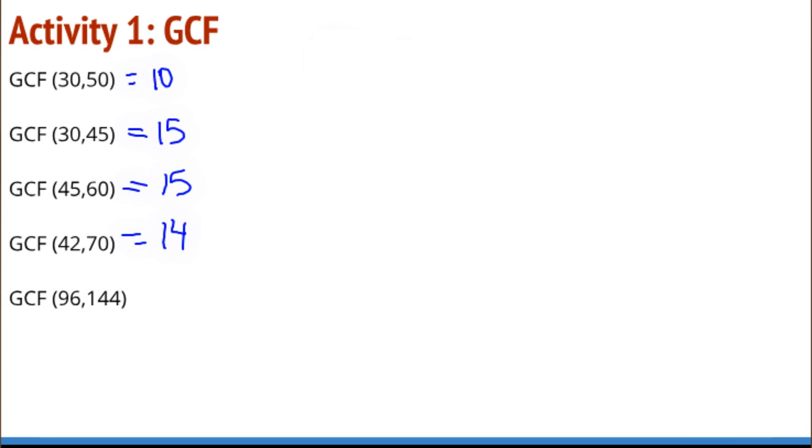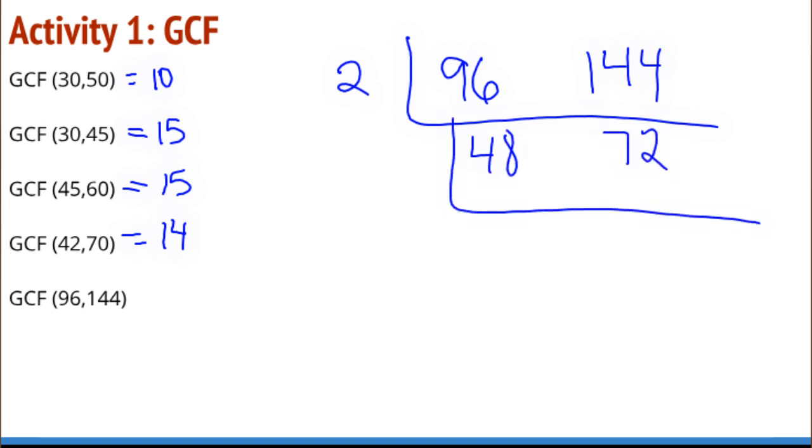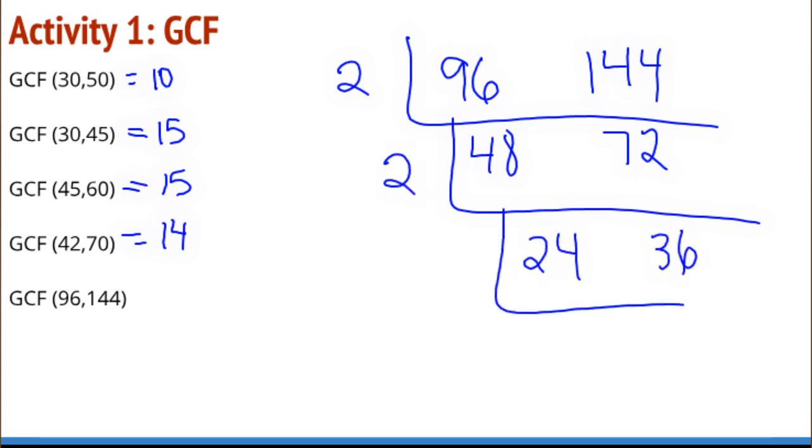All right, 96 and 144. Well, these are both even numbers, so I can divide them by 2. 48 and 72. And I think I can divide both of those by 2, 24 and 36. And I think those are both multiples of 4. 24 divided by 4 is 6, and 36 divided by 4 is 9.